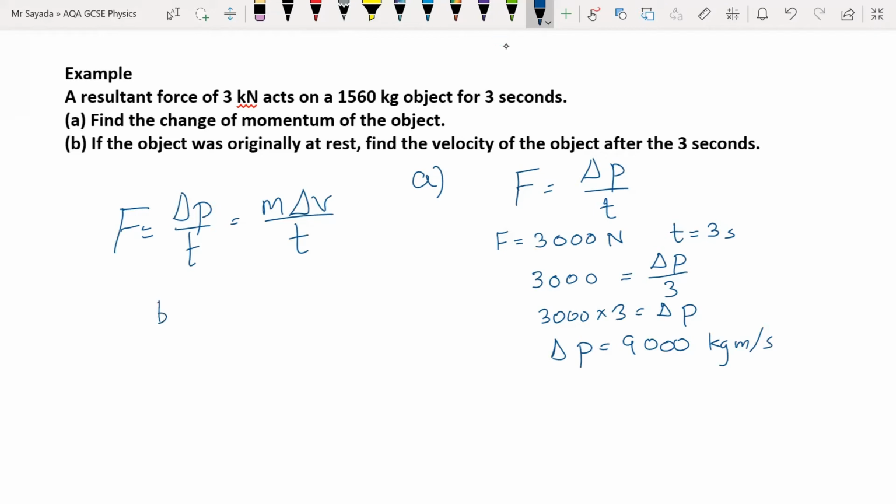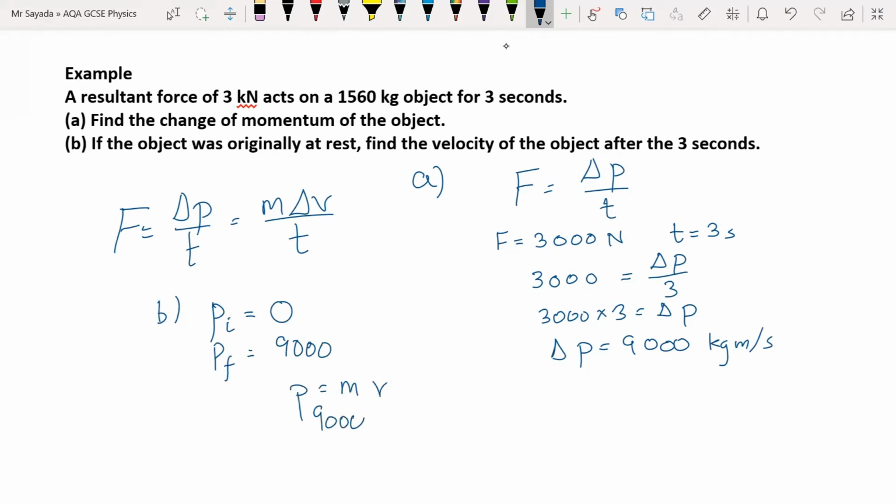If it was originally at rest, that means its original momentum was what? 0. Its change of momentum was 9,000, so what's its final momentum? 9,000. So we can use the equation, momentum is mass times velocity, to find the velocity after 3 seconds.